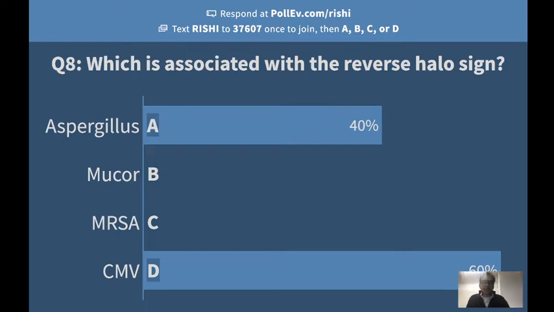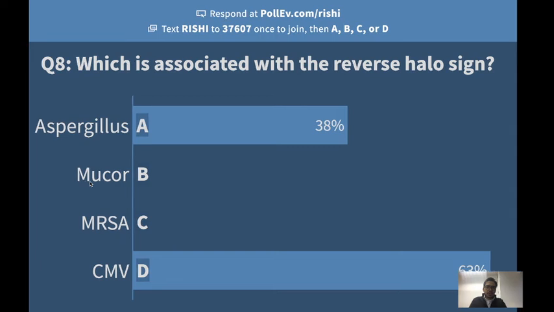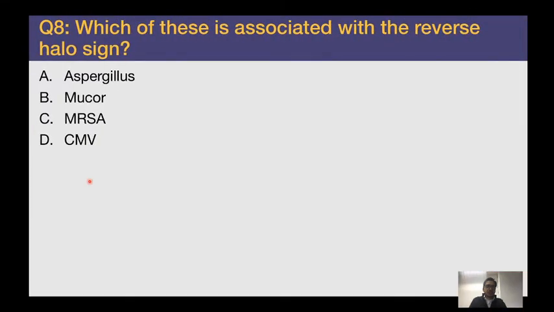Okay, I'm seeing a lot of Aspergillus and CMV, so we'll talk about that. The answer has not been said so far.